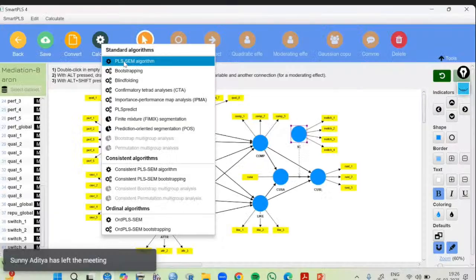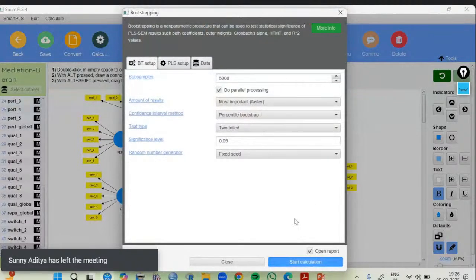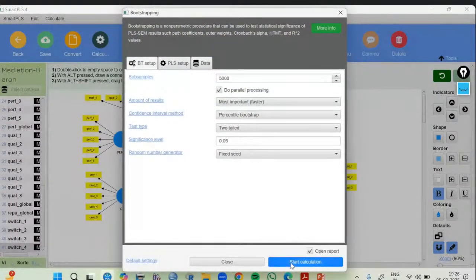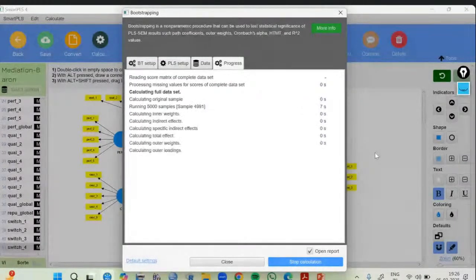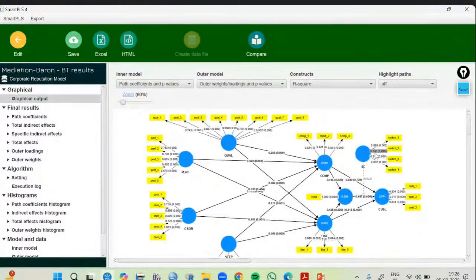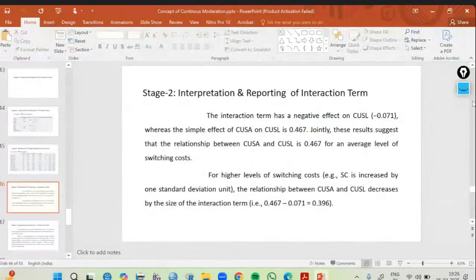Now I am performing calculate bootstrapping, then start calculations. ये देखिए अब मेरे पास रिजल्ट आ गया. Now I will interpret the result. So I told you first of all what we should do.